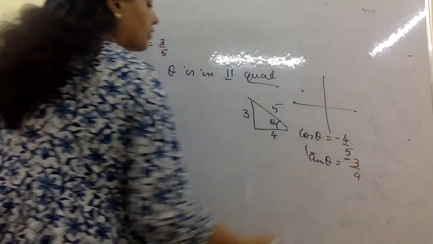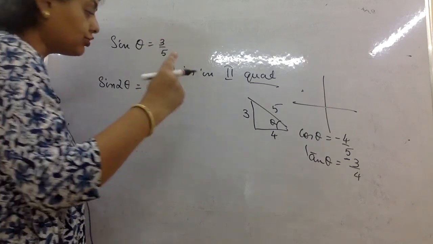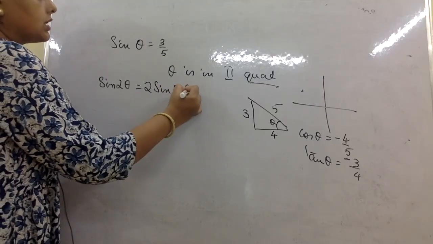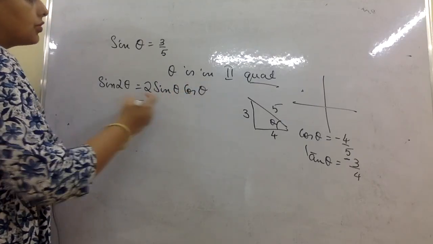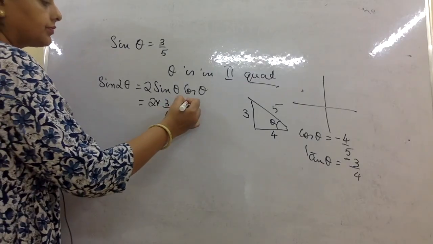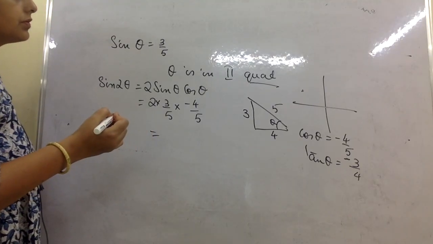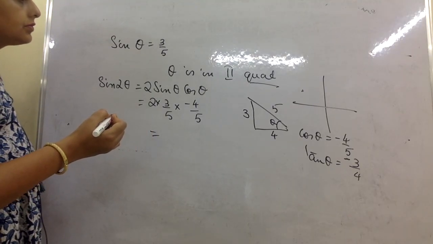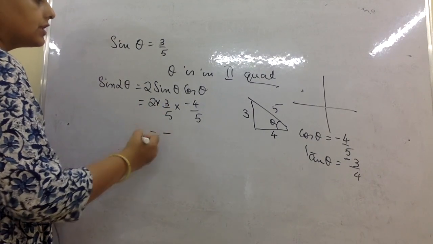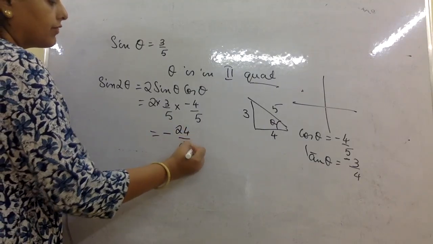That is why, with the same value, the answers will now change. Sine 2 theta is 2 sine theta cos theta, so 2 into 3 by 5 into minus 4 by 5, which gives minus 24 by 25 this time.